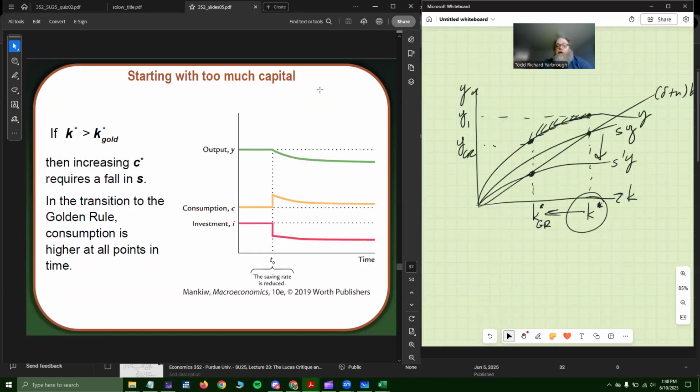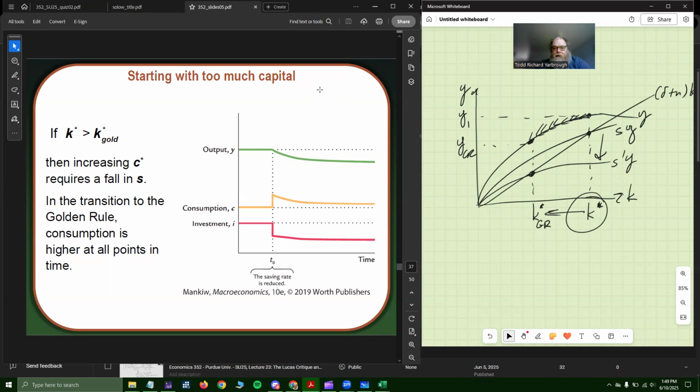It's important to point out that golden rule can be less output than you currently have. So a key idea that keeps coming up in all of these economic models is that the goal is not just raw economic growth, right? The idea is to work within the limits of your economic system to produce the efficient outcome, where the efficient outcome is defined as the best possible outcome given those particular constraints.